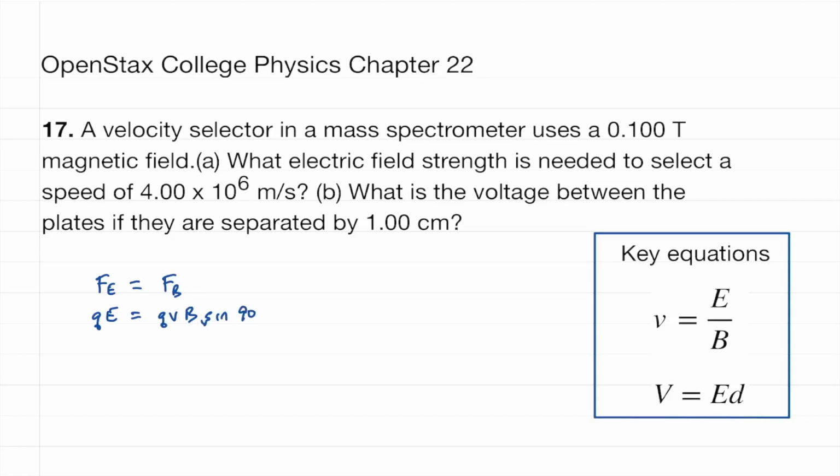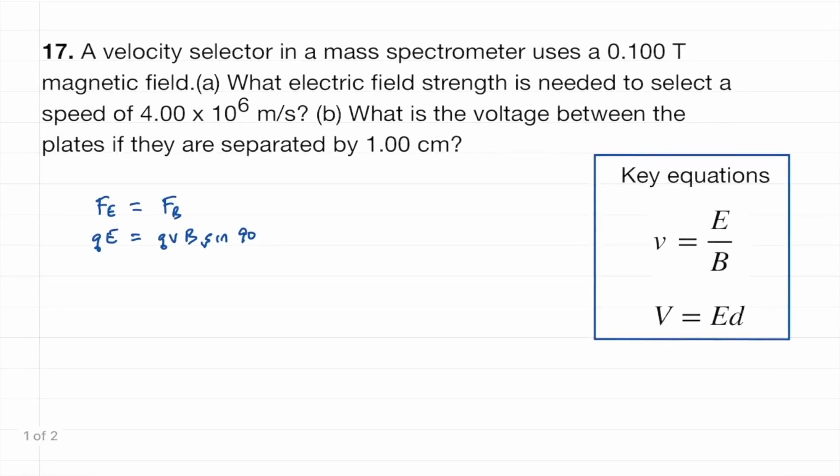Okay. We can get rid of a Q on both sides. Electric field is velocity times magnetic field, and the sine of 90 is 1. Okay, so velocity is electric field divided by magnetic field.